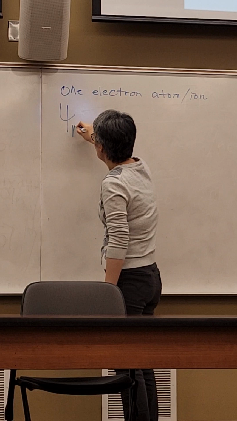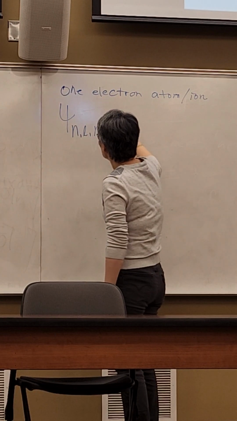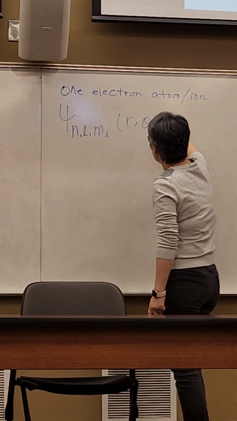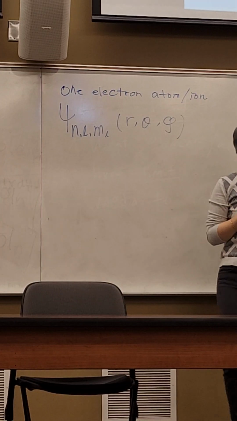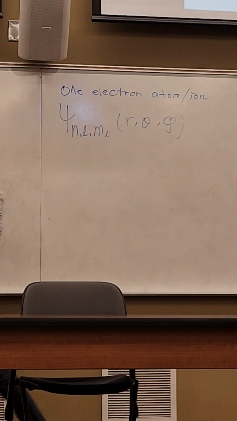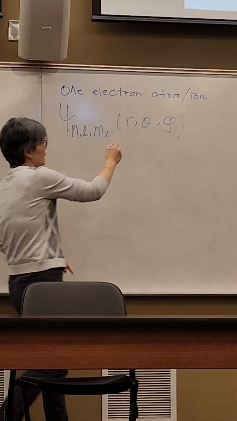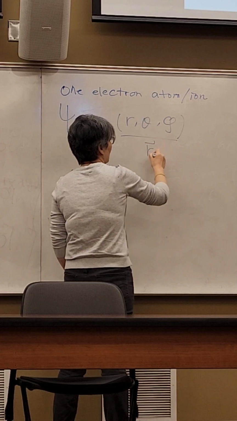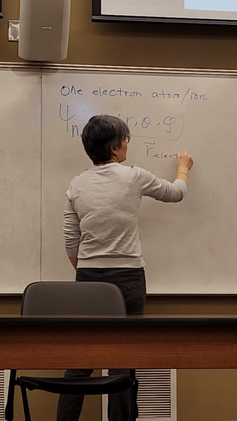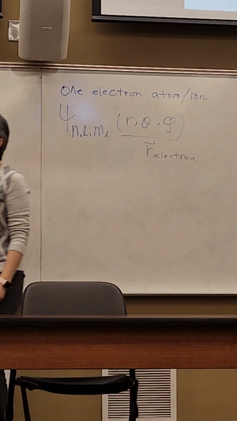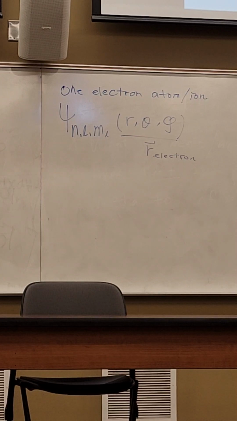has three quantum numbers, because you only describe the electron motion with respect to the nucleus, so you only have one position vector here, and this position vector is only for the electron, right? So the solution for the wave function really refers to the electron.